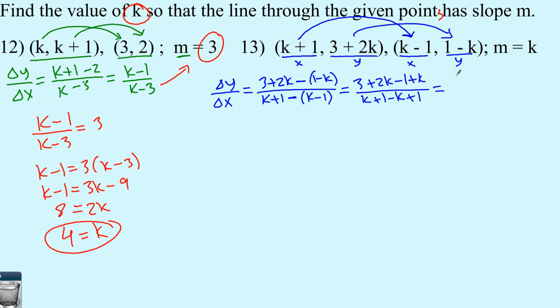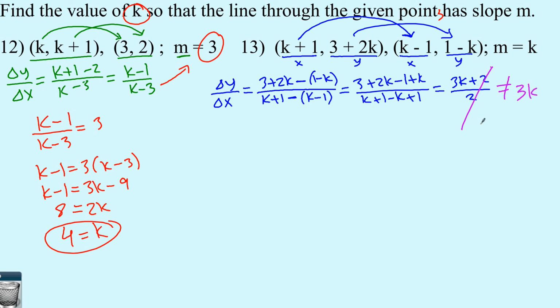So I get, what is that? 3k plus 2 over the k's cancel, and 1 plus 1 is 2. Okay? Do not, I repeat, do not do that. That does not equal 3k. I get kids do that all the time.